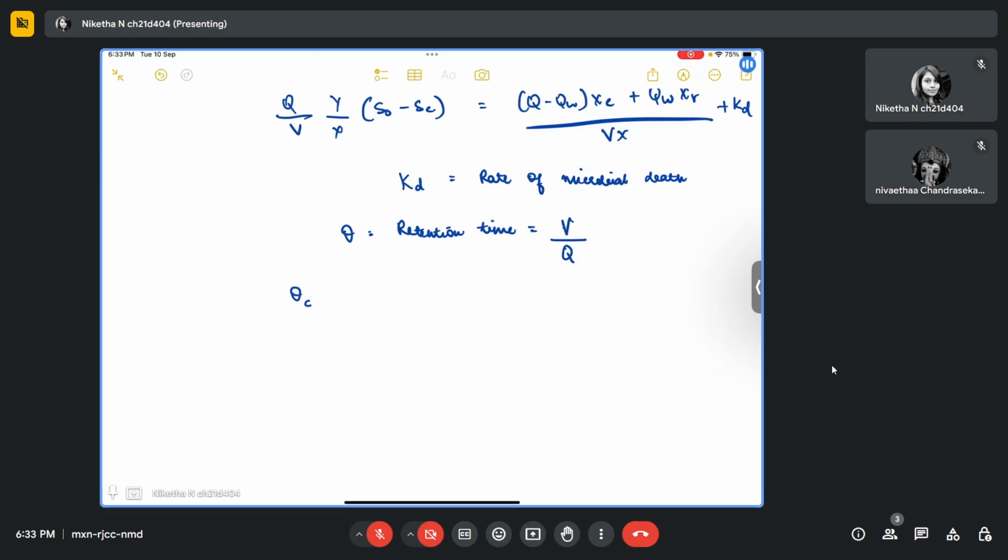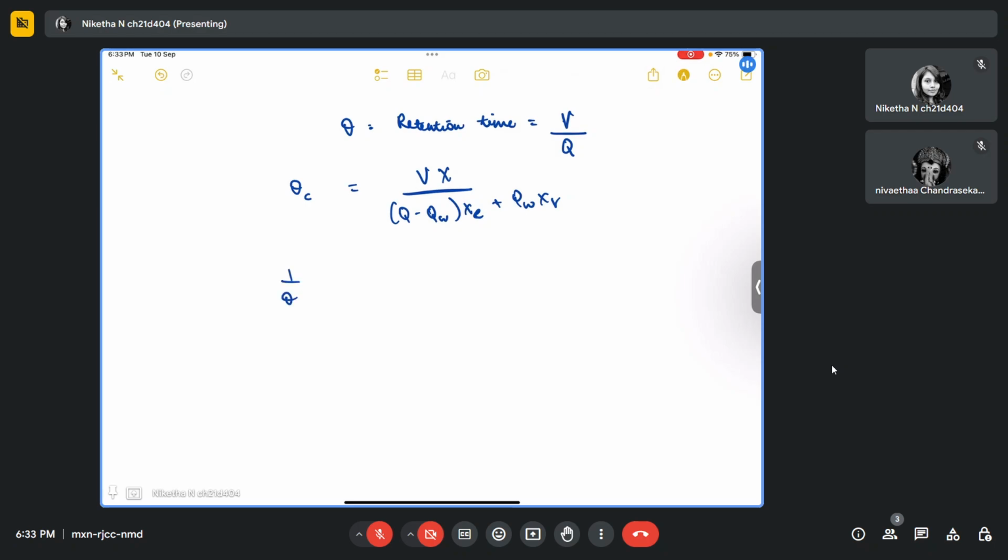So in order to maintain sufficient microbial mass, we have to let the retention time cross the critical retention time. This critical retention time is given as V into X by Q minus QW into XC plus QW into XR.